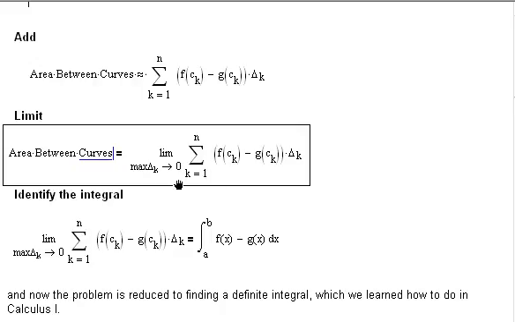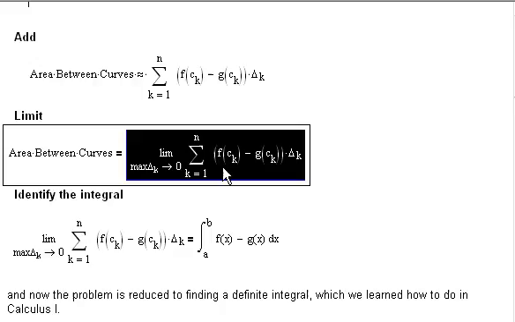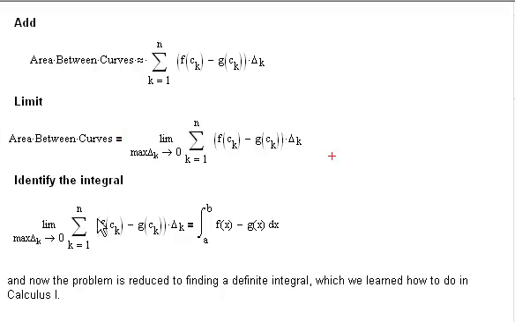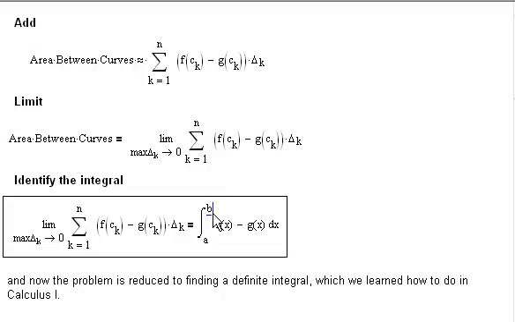And if we look carefully at this expression, you should see, oh golly, that's just a Riemann sum. And when the limit of maximum delta x approaches 0 for a Riemann sum like that, then you should see that that is the integral from a to b of f of x minus g of x dx. And the problem is now reduced to finding this definite integral.